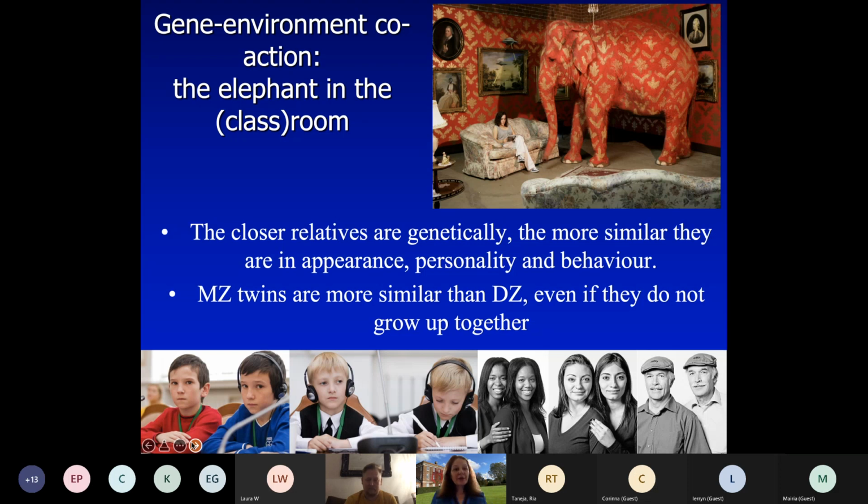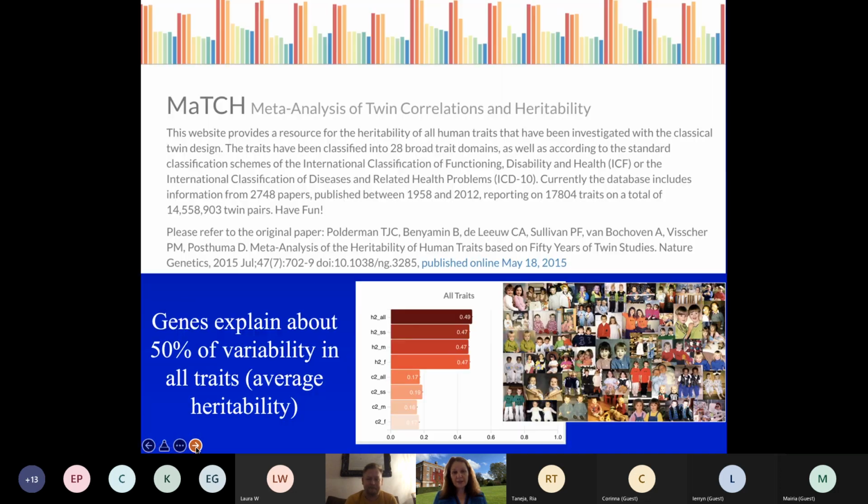But the fact of the matter is that the closer relatives are genetically, the more similar they are in appearance, personality, and behavior. And in twin studies, we see that monozygotic twins are always more similar than dizygotic twins, even if they don't grow up together.